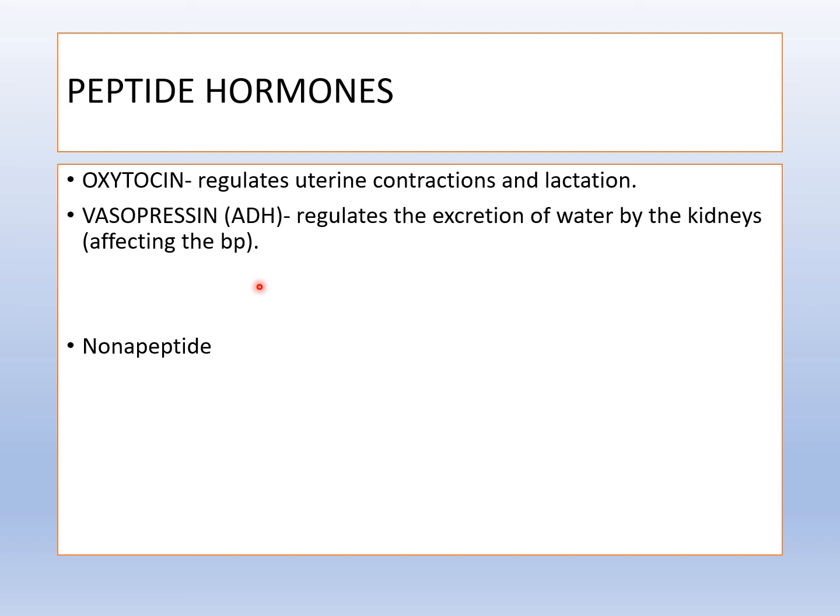Why? Because if you have low BP, that means you have a low level of liquid in your blood. Right? Low level of liquid in your blood, which means low plasma, which means your blood volume is low. Low blood volume will basically be detected by organs of our body.